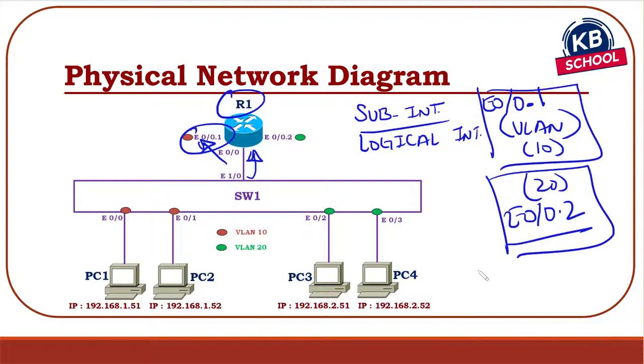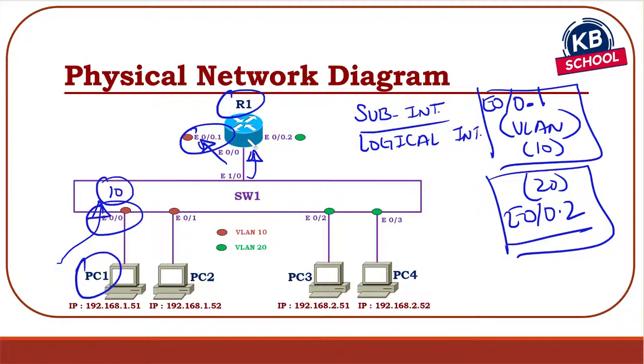So that allows me to use a single switch interface connecting to a single router interface, but be able to segregate the traffic that needs to go into these two logical interfaces on the router by use of VLAN. So when a packet comes in from switch 1, from PC 1, the switch would have tagged it with VLAN tag of 10.